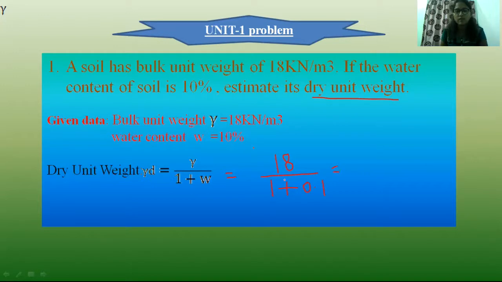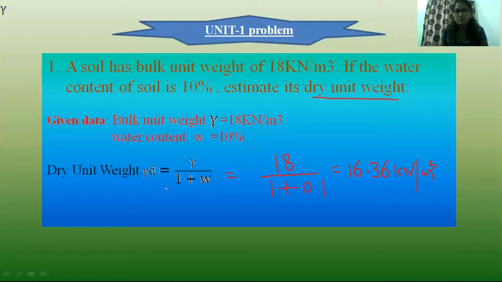Now calculate gamma D, which is equal to 16.36 kilonewton per meter cube. This is one model we can use to determine the dry unit weight.